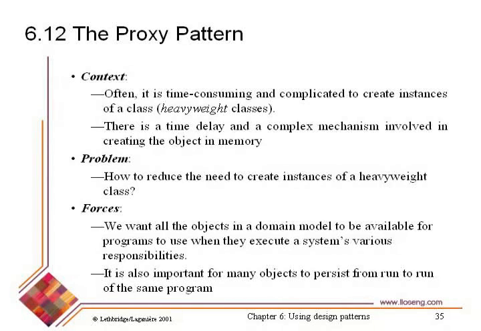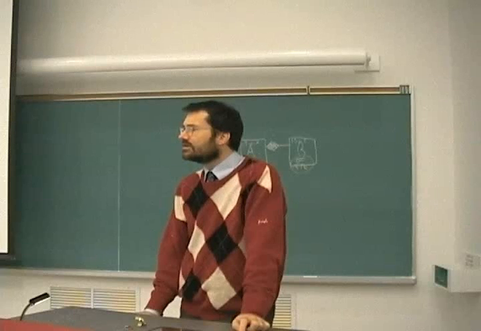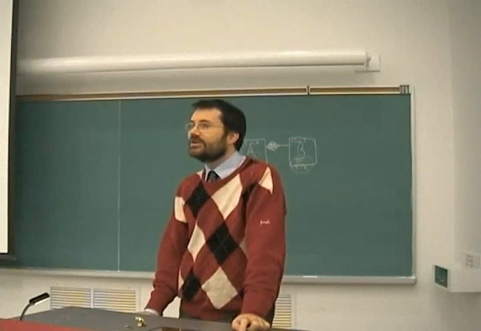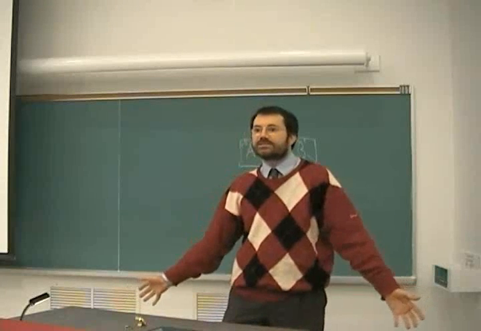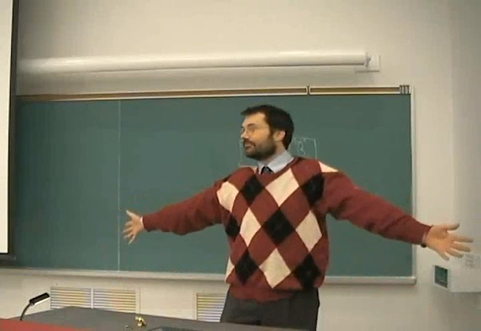And so sometimes I say to myself, well, there's too much time delay, too much complex mechanism, and sometimes I don't need to do very much. Sometimes all I need to do with an image object, for example, is to say, how big is this image? Right?